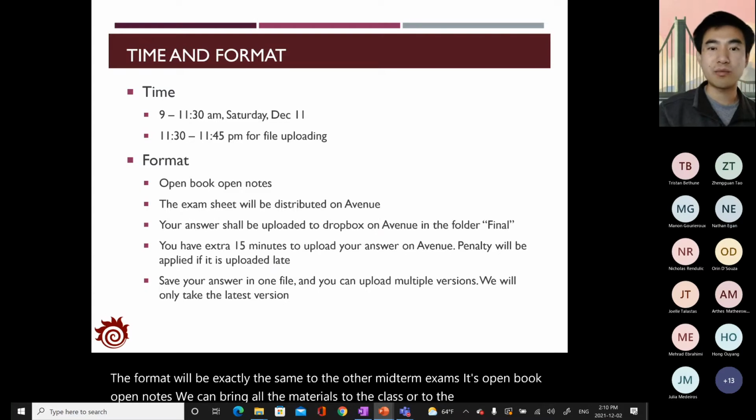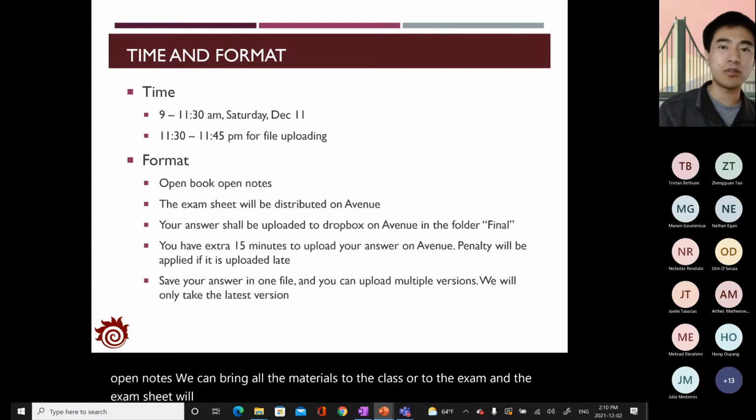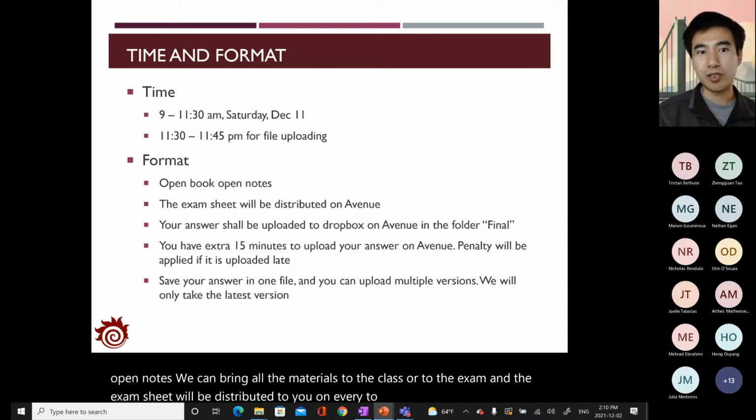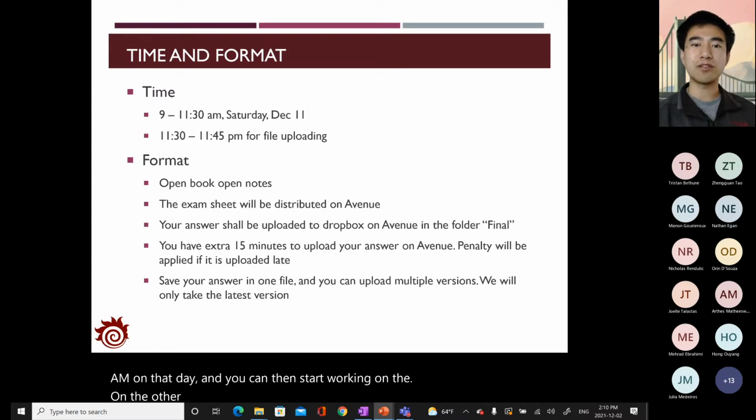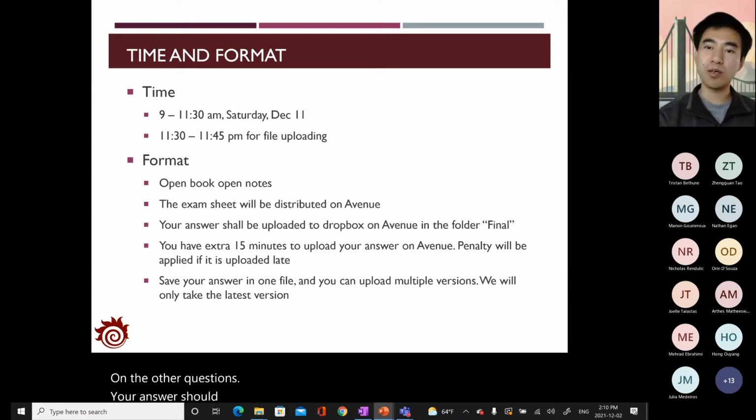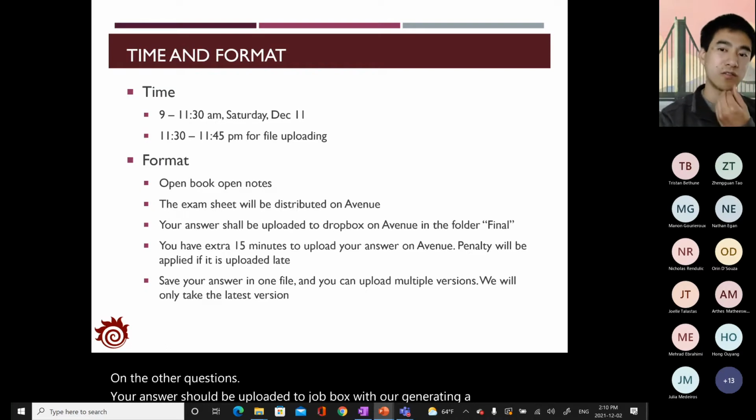The exam sheet will be distributed to you on Avenue to Learn. It will be available at 9 a.m. on that day. And you can then start working on all the questions. Your answer sheet should be uploaded to Dropbox, where I will generate a folder for the final exam.